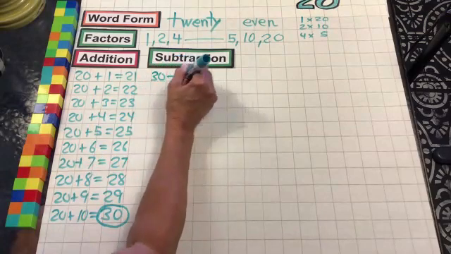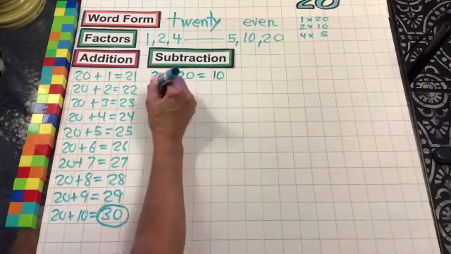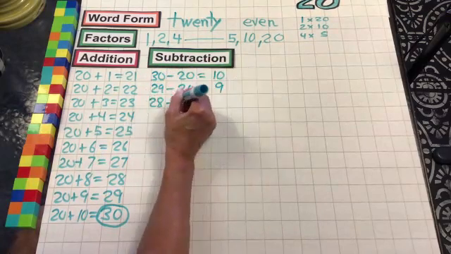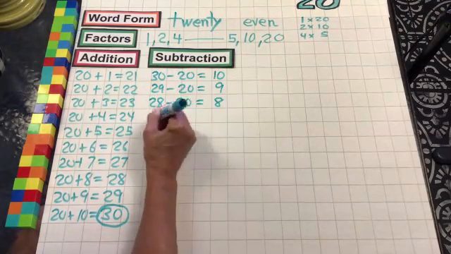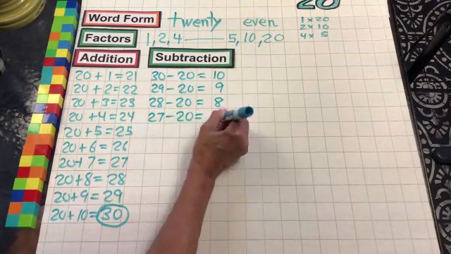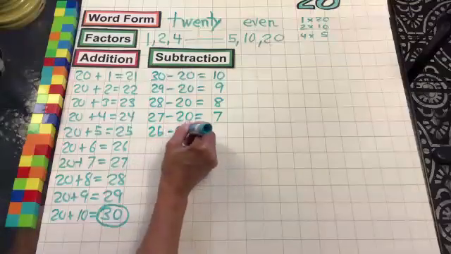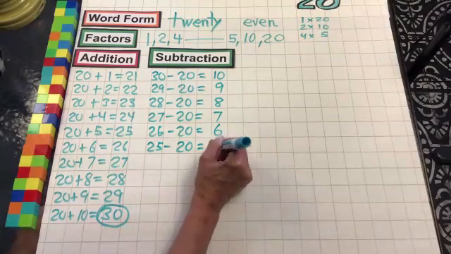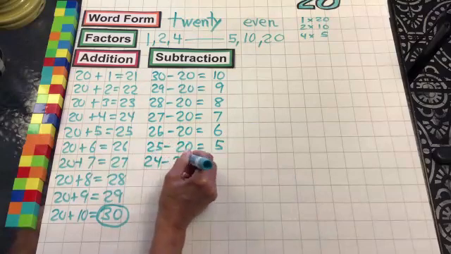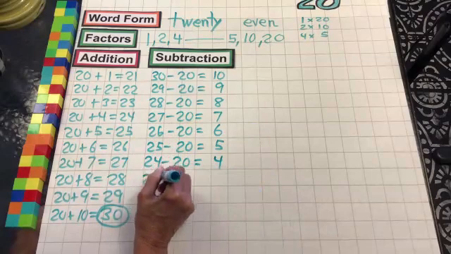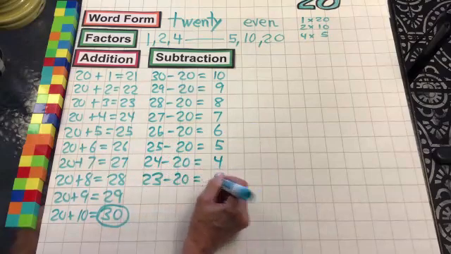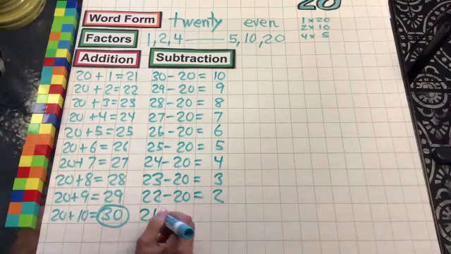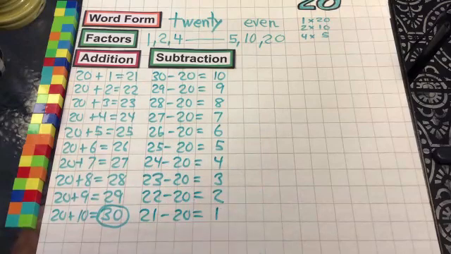So 30 minus 20 equals 10. 29 minus 20 equals 9. 28 minus 20 equals 8. 27 minus 20 equals 7. 26 minus 20 equals 6. 25 minus 20 equals 5. 24 minus 20 equals 4. 23 minus 20 equals 3. 22 minus 20 equals 2. And 21 minus 20 equals 1.